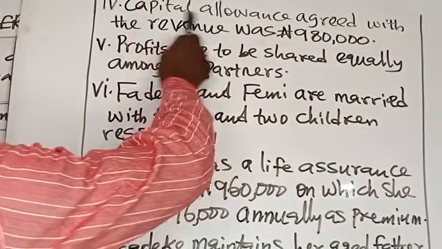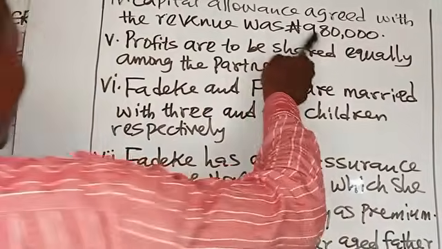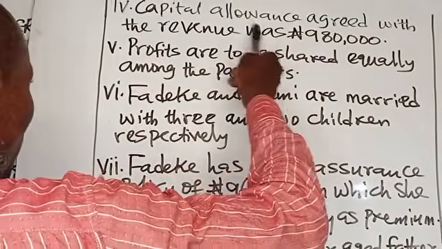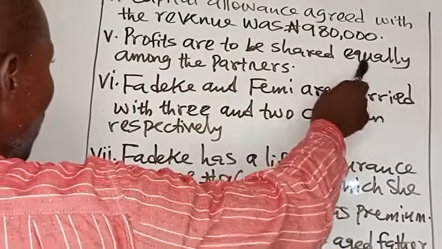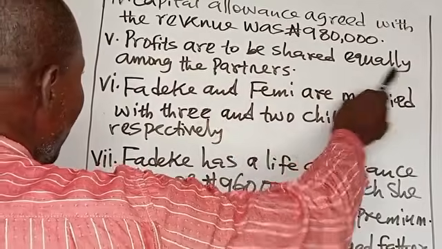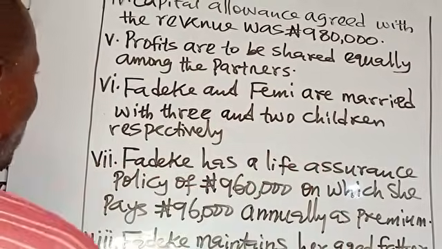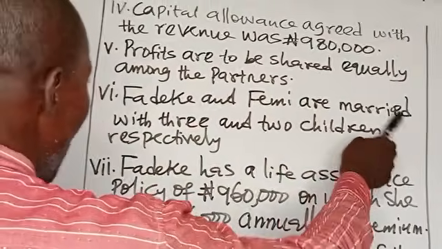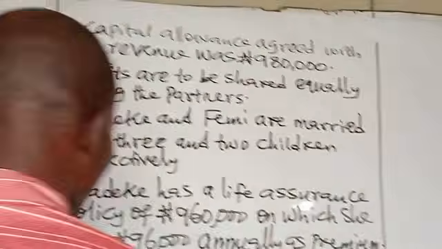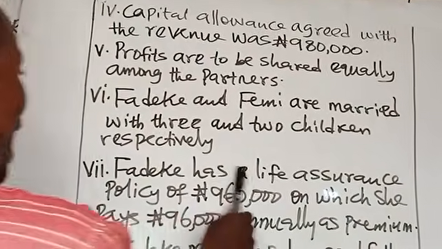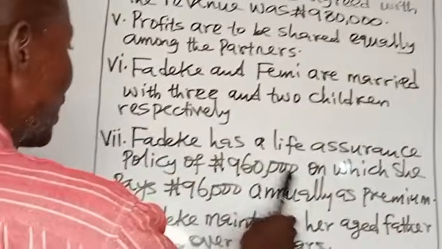For capital allowance, agreed with relevant revenue, has been considered. Profits or losses are to be shared equally. That has been used. Fadike and Femi are married. I've told you that this information is no longer required. Fadike has a life assurance policy of 960,000.